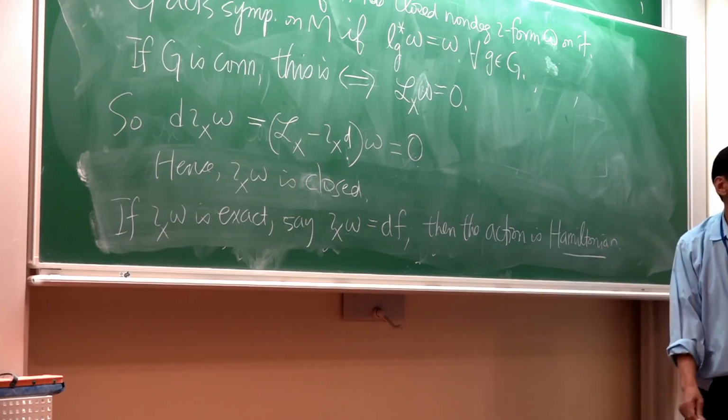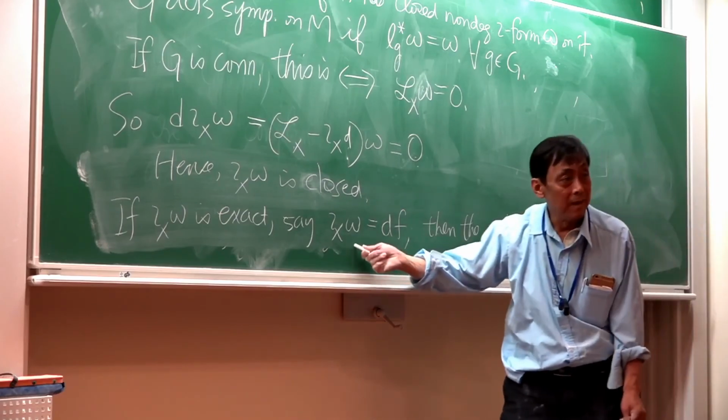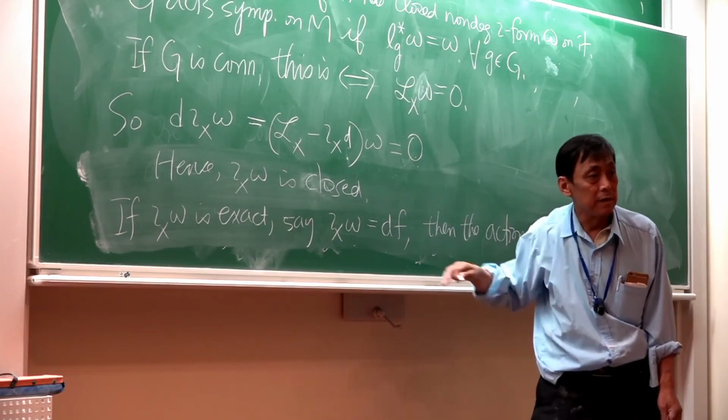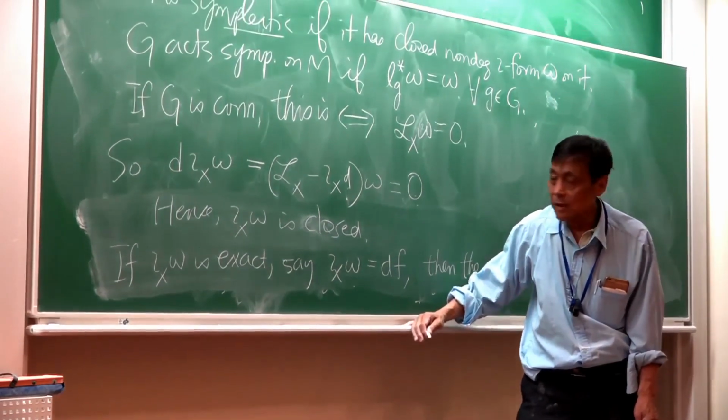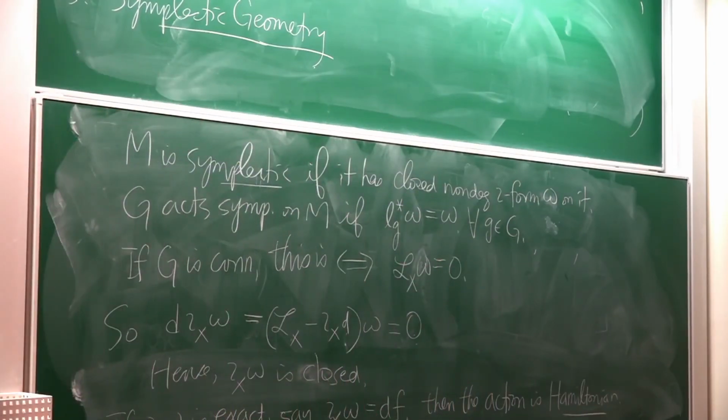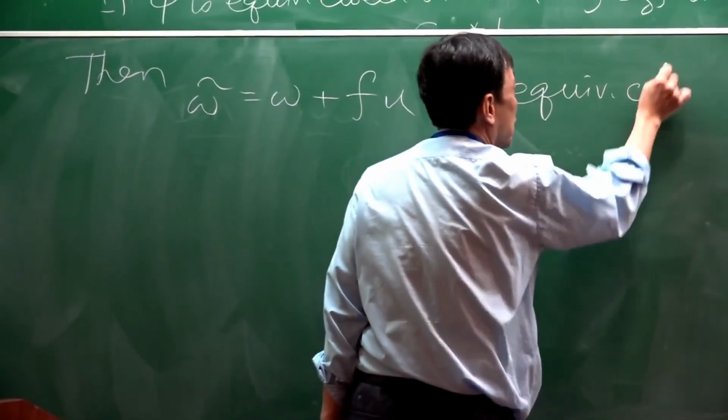But this is precisely the condition for omega to have an equivariantly closed extension. If you have this, then omega tilde equals omega plus f u is equivariantly closed.